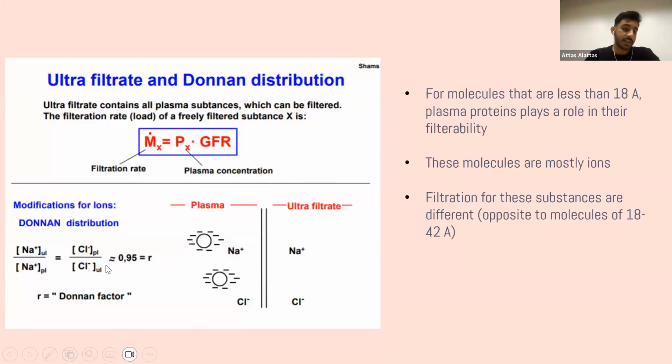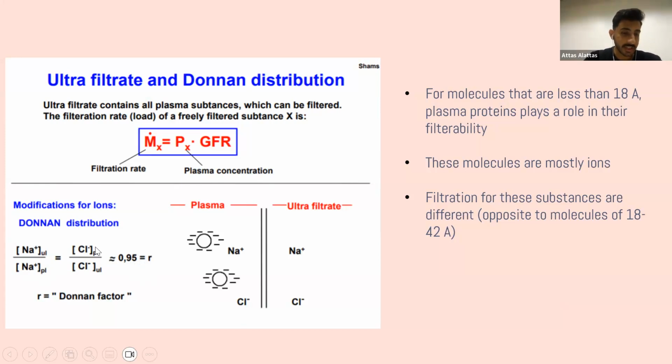Okay, so the Donnan factor, you don't have to memorize it again. It's just telling you that it's basically dividing the concentration of the sodium in the ultrafiltrate by the concentration of the sodium in the plasma. If you divide this over this, you'll get 0.95, which is telling you that the filtration is nearly 1. It's the same for chloride.